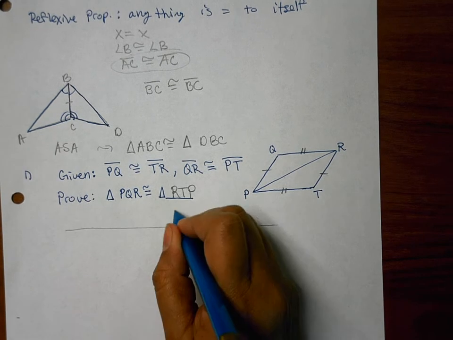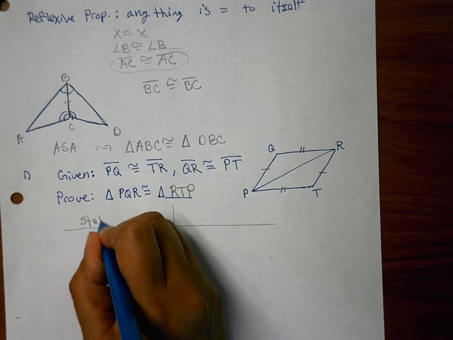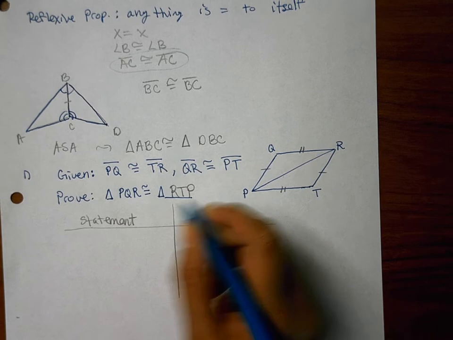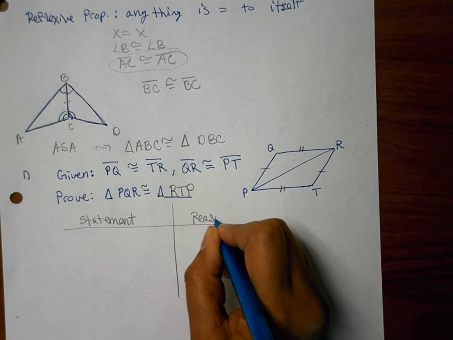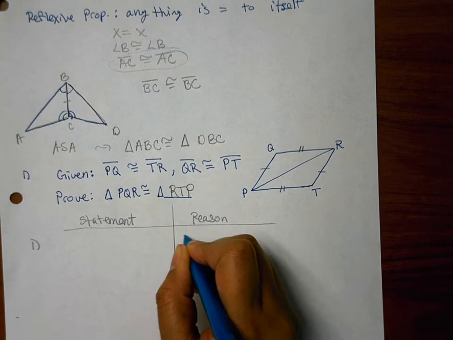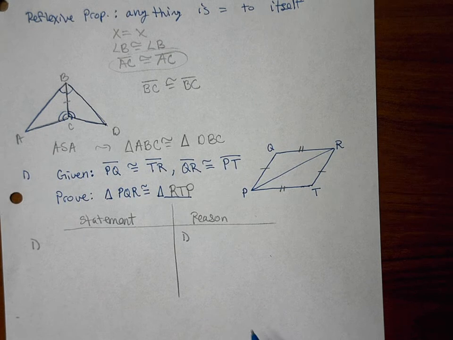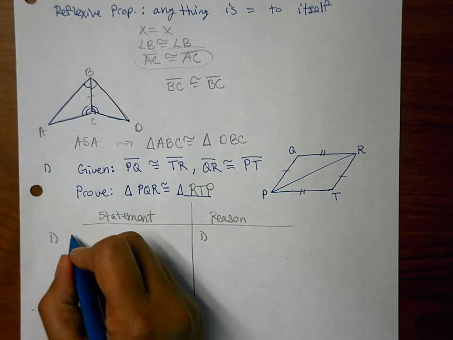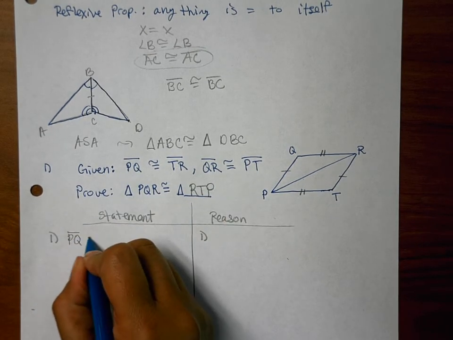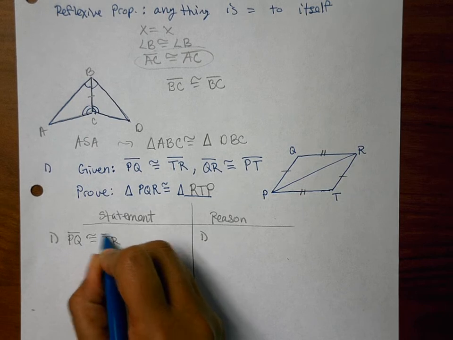All right. And this is how you set up your 2-column proofs. We're going to always have a side that is your statements, and then your reasons. Why did you write that statement down? Statement 1, reason 1. Statement 1 will always be the given information.